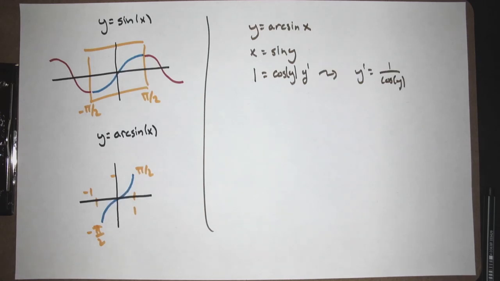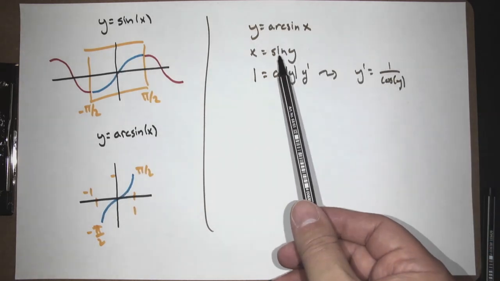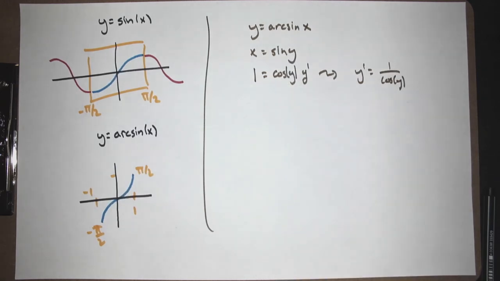The problem is we don't want it in terms of y, we want it in terms of x. So is there anything that relates cosine, which is what we have here, and sine, which is what x is? Anything at all? It's perhaps something we mentioned a few minutes ago.